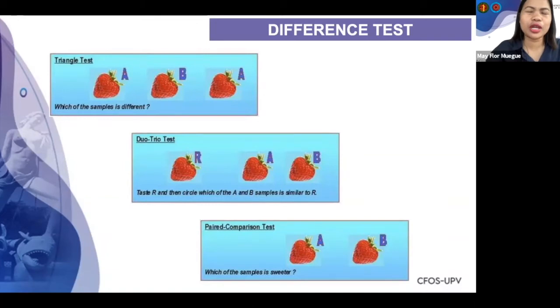For example, you developed a fishery product or canned fish, and you want to compare it with Mega Sardines or 555 or Ligo, and you want to see if your panelist can identify your product, or does your product taste like the commercial one? That's the purpose of this kind of test. Okay?